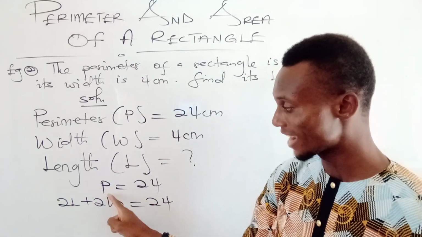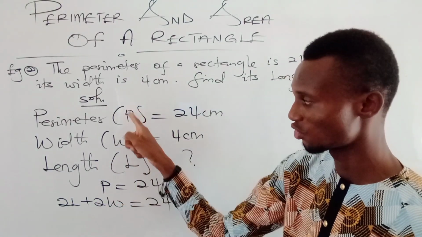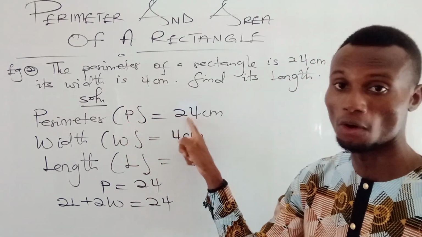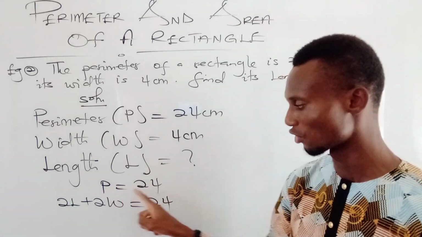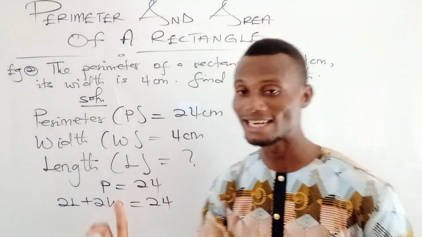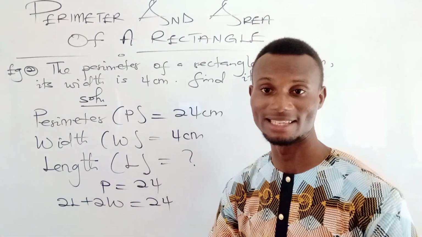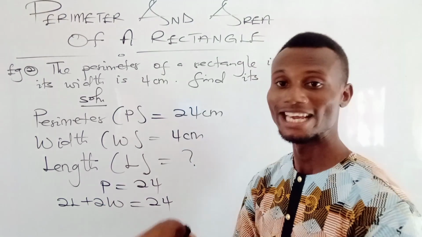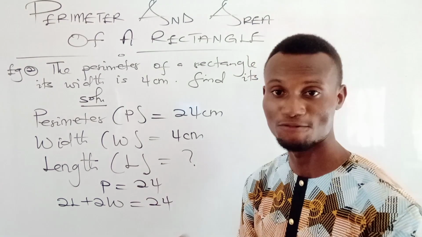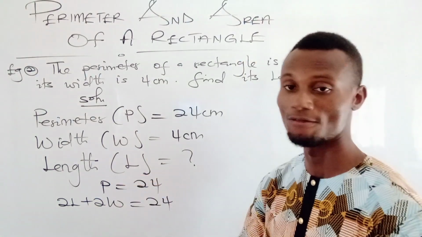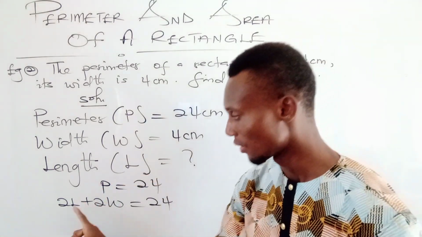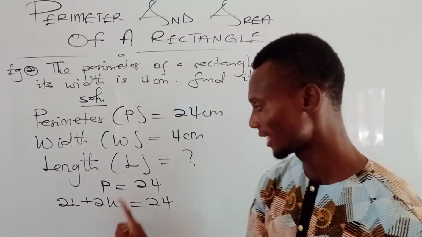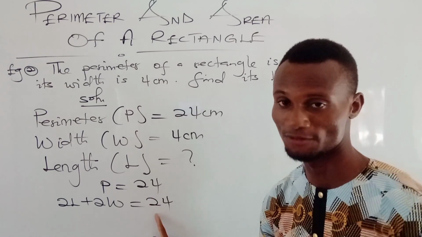We write our P equals 24, because we have been given from the question that our perimeter equals 24 centimeters. The P here represents the perimeter of a rectangle, so in place of P, we can put the formula for the perimeter of a rectangle: 2L plus 2W equals 24. That's what we did.